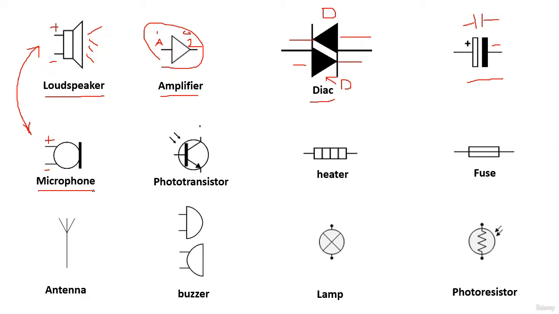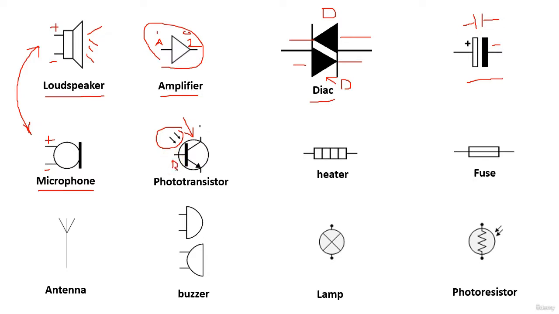Over here we have the phototransistor, the same principle as the photoresistor. As you see, we have two arrows in this direction because this is a phototransistor. A phototransistor is a transistor that receives light in its base.